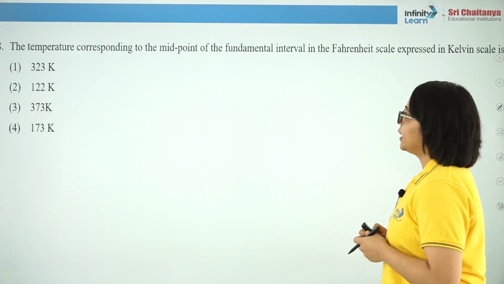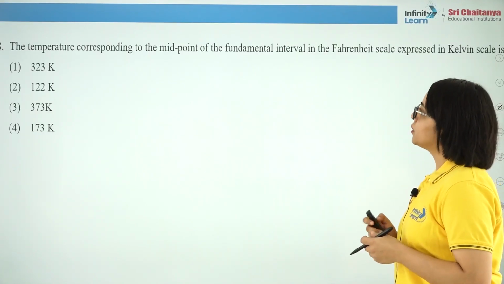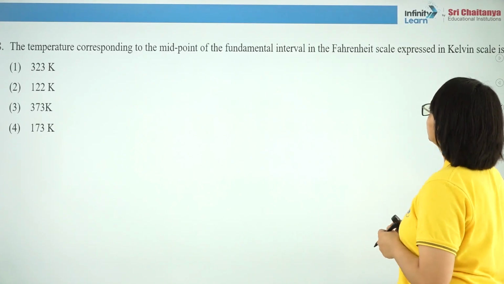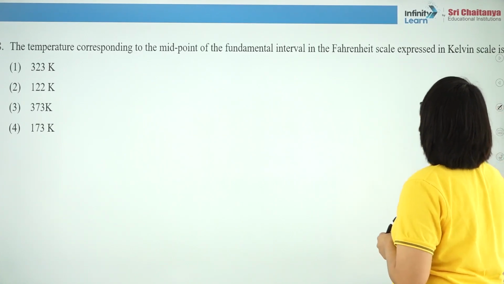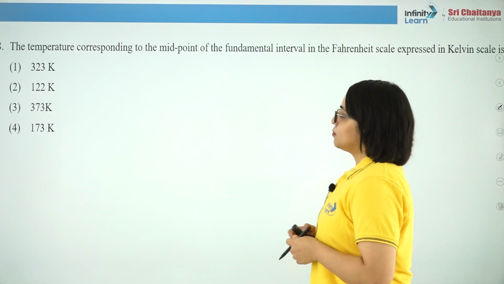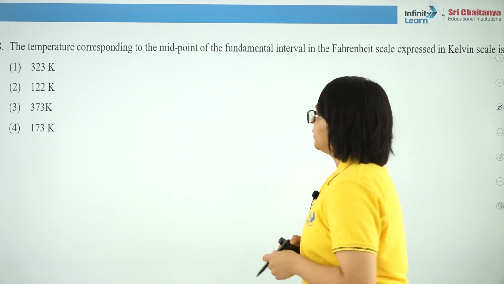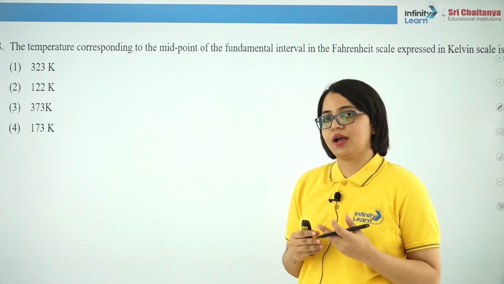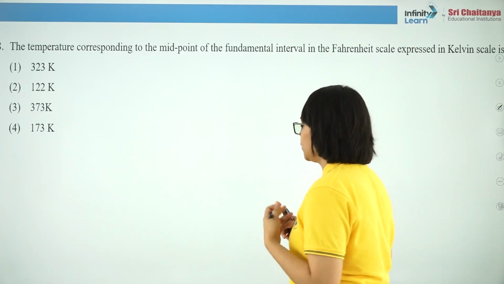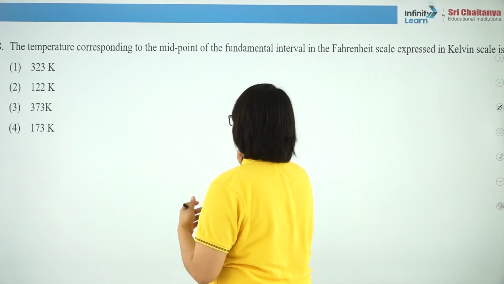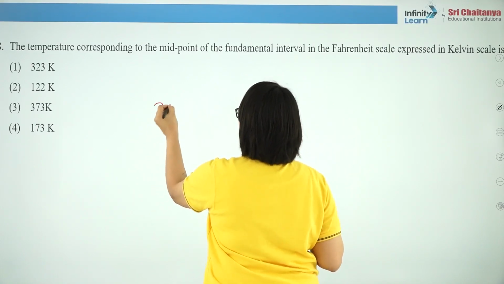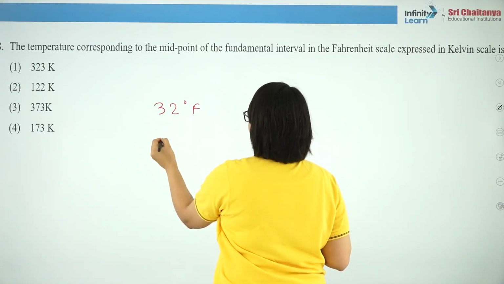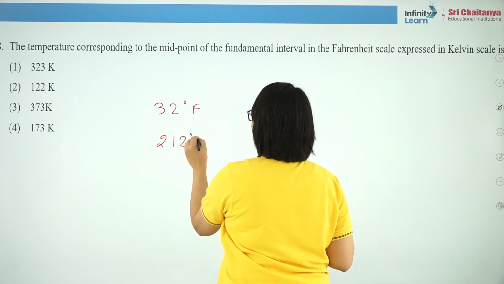Next is 138, the temperature corresponding to the midpoint of the fundamental interval in the Fahrenheit scale expressed in Kelvin scale is. So, midpoint of the Fahrenheit scale will be the average of low point as well as high point. Okay, lower fixed point as well as higher fixed point. So, lower fixed point is 32 degree Fahrenheit and higher fixed point is 212 degree Fahrenheit.